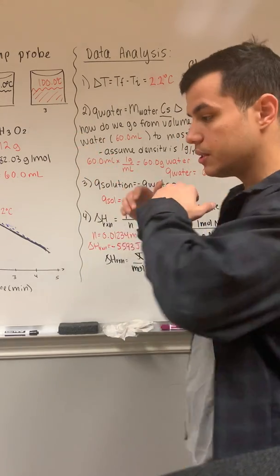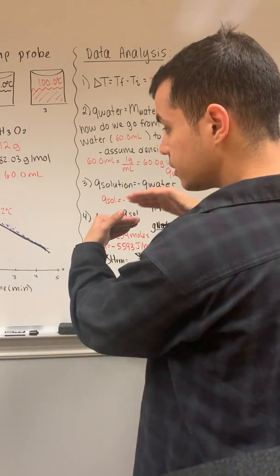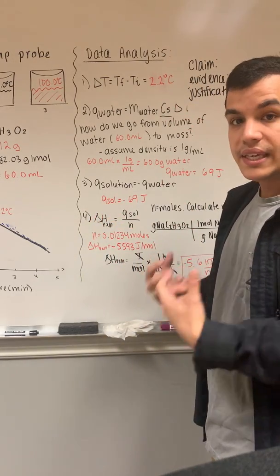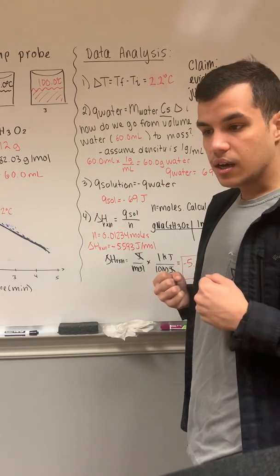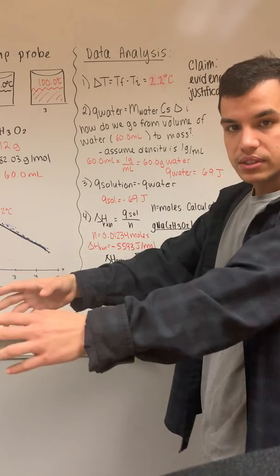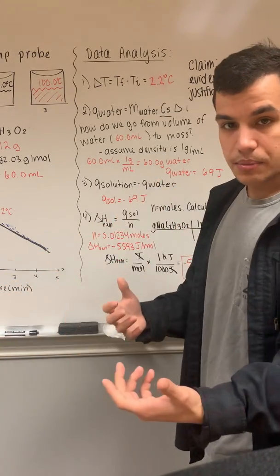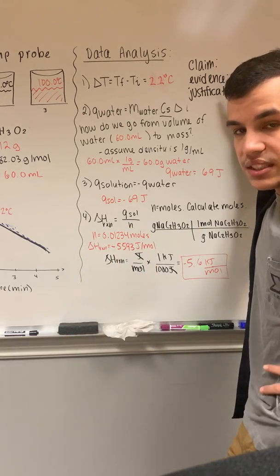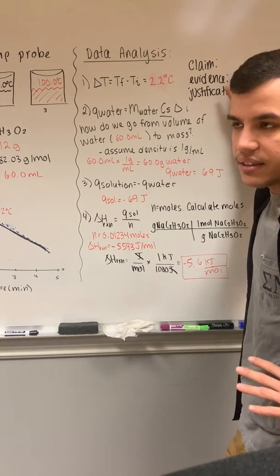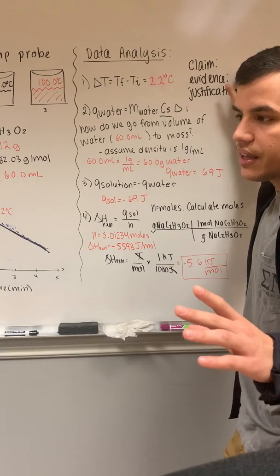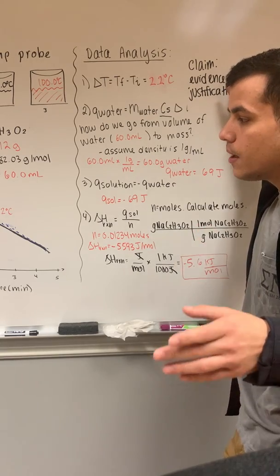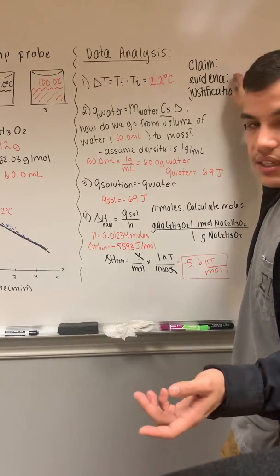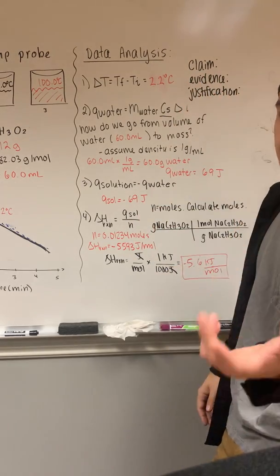When it was initially room temperature, and then it went up to warm. And if it gets warm, that means that heat or energy is being released into the environment. So that means that it's an exothermic reaction. So part of my evidence is saying that the change in temperature is positive, or I can also say that the change in enthalpy was negative. And for that reason, that's my evidence. I can say that my reaction was exothermic.